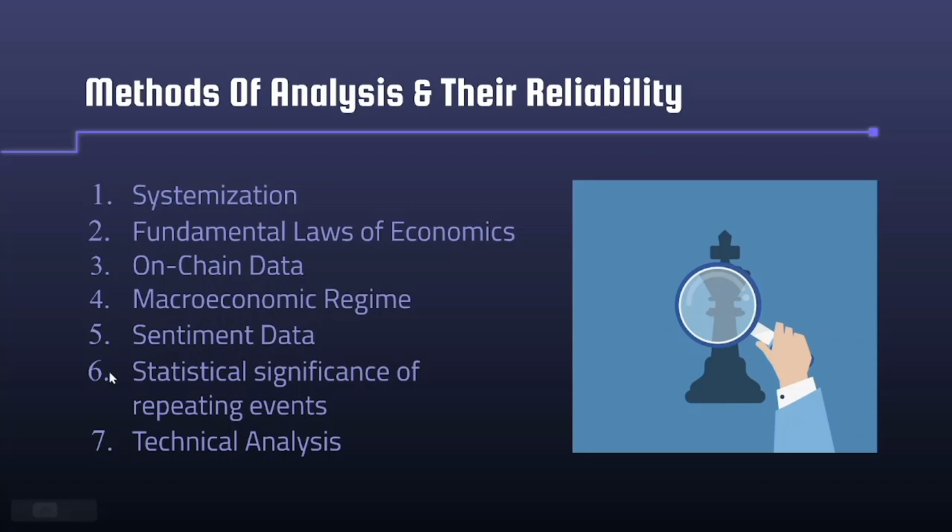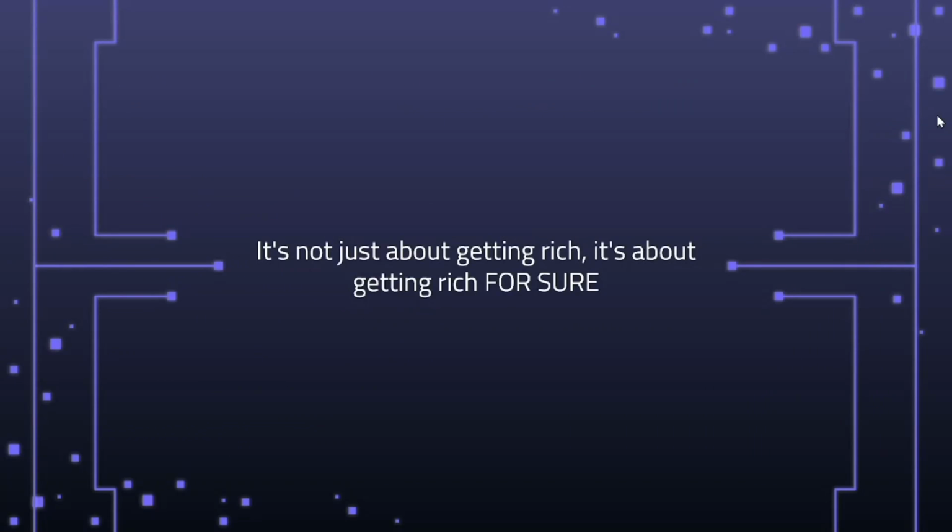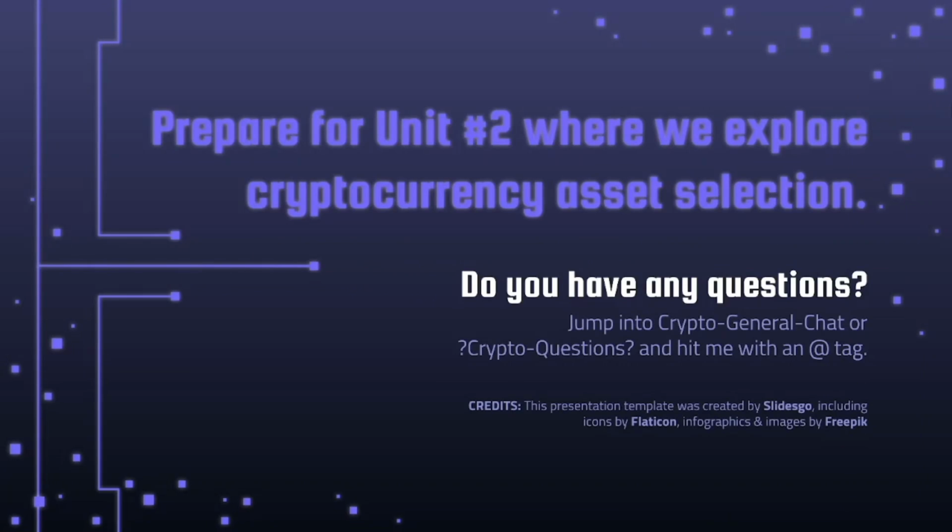Generally, we're going to go through number 2 to 6 first, then number 7, and then we're going to systemize the whole lot so we know exactly where everything sits, and so we can make the absolute best, most informed decisions possible, while at the same time removing human emotion. So remember, it's not just about getting rich, it's about getting rich for sure. You're going to be hearing a lot of that from me. So that being said, prepare for unit number 2, where we explore cryptocurrency asset selection.